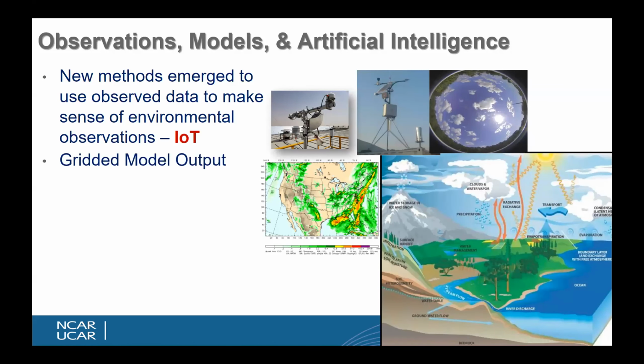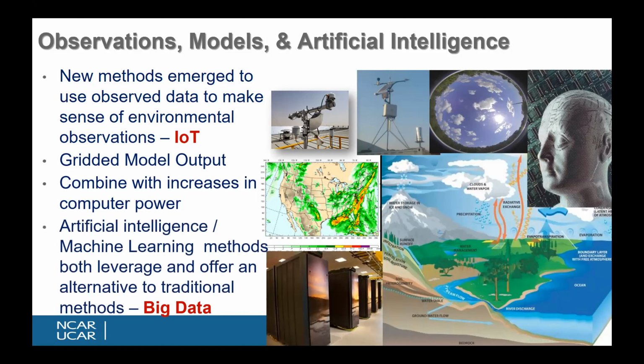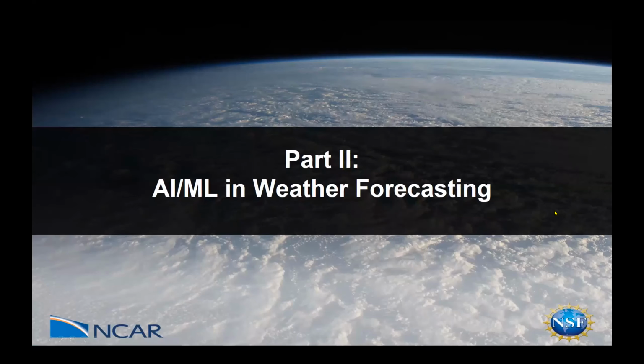We combine that with our increases in computer power, then bring in the AI machine learning methods. Then we can leverage and offer alternative approaches to just traditional NWP, using big data approaches and coming up with ways to model this complex Earth system.